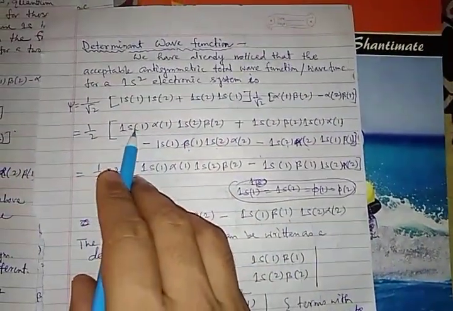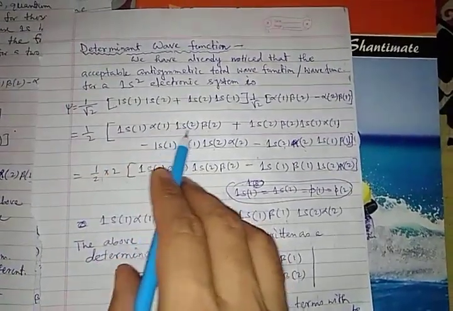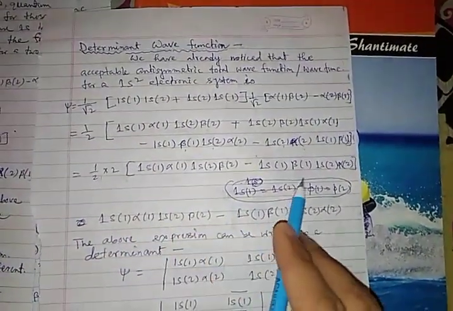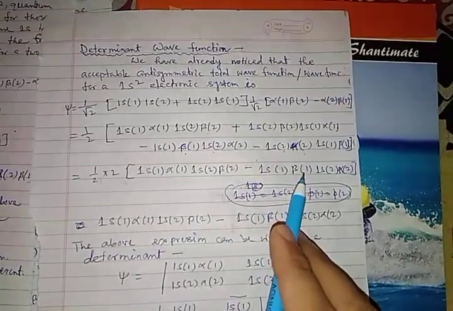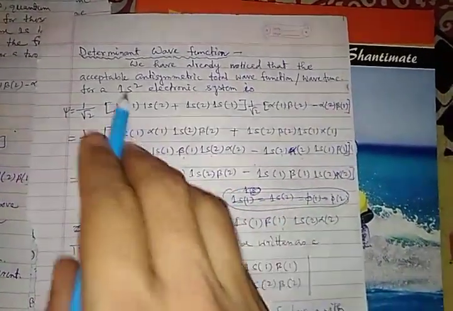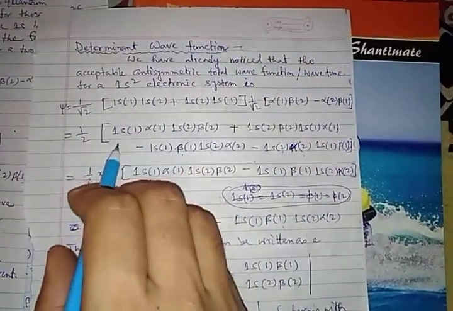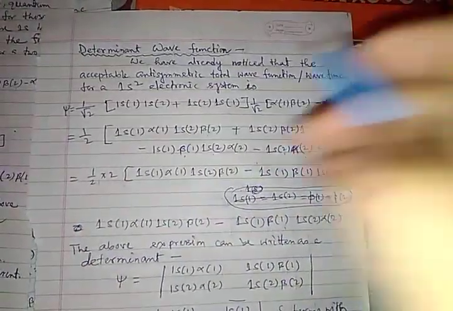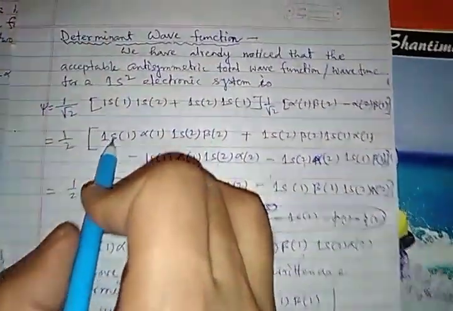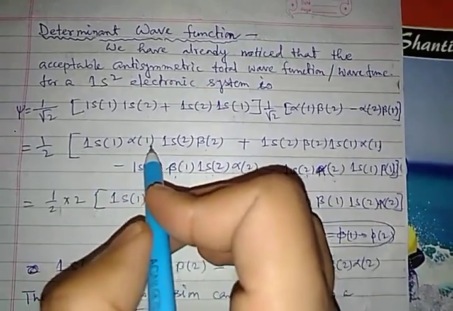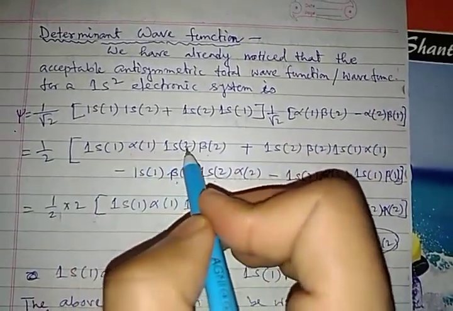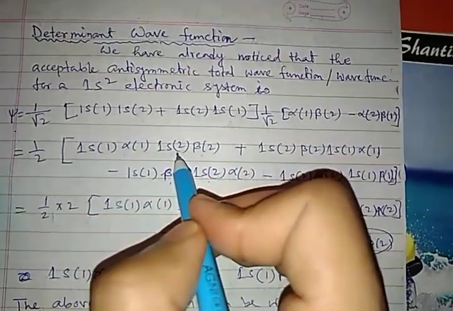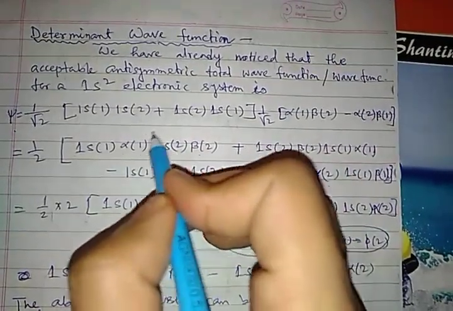Now this 1s1 and 1s2 are both the same function, that is phi. Whatever orbital electron 1 is occupying, and whatever second 1s orbital electron 2 is occupying, these are the same.